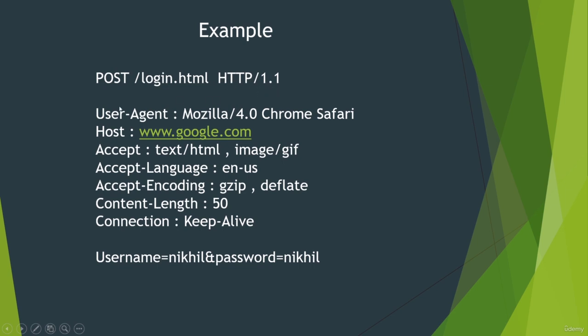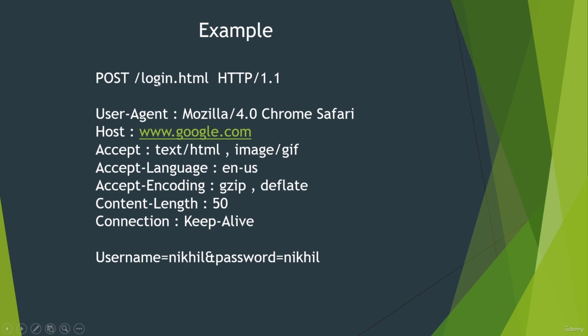All these parameter names and values are the same: User-Agent, Host, Accept text or HTML, Accept-Language English, gzip, content length and connection. Up to here it is the same, and then there is a line with the actual data you are sending, where username equals Nikhil and password equals Nikhil. This data will be sent to the login.html on the web server side.